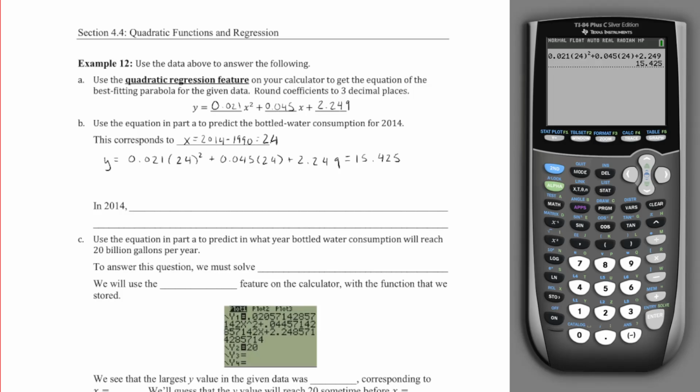Or we could use our stored equation. Right? We stored the equation in y1. The calculator understands function notation. So we could instead take y1 of 24 by saying vars, y vars, selecting y1.